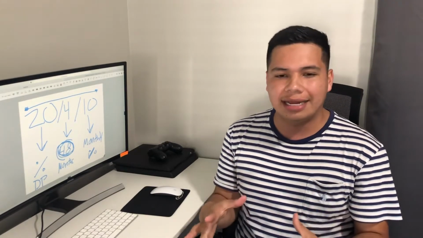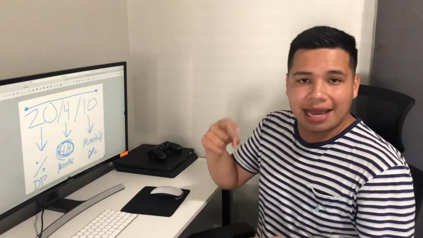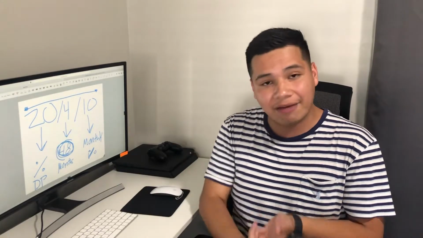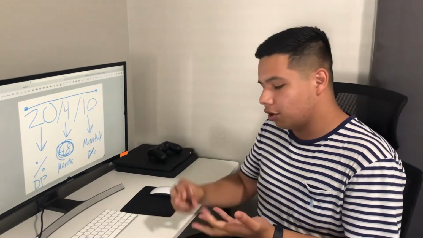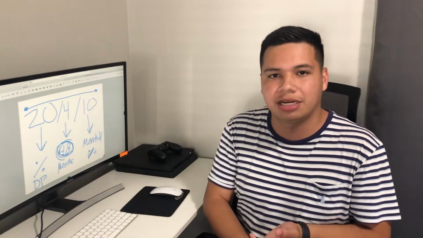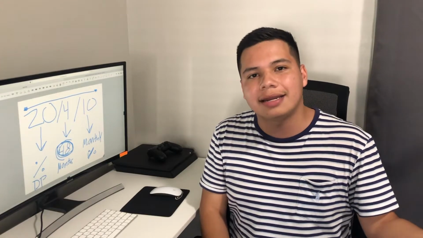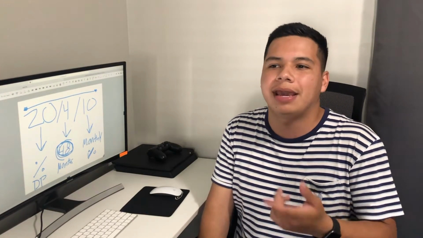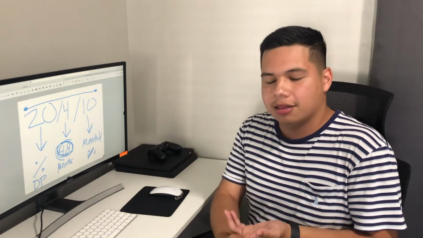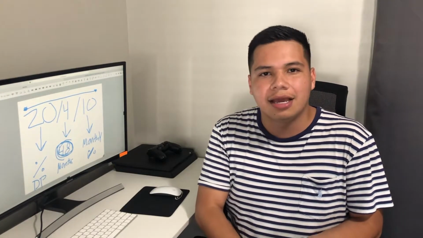Now, I do understand in some situations you might not have the 20% down. You might have to get a longer term, or you might have to put more than 10% of your monthly income to afford a car, which is not ideal. But for some people, you kind of need a car. You can't just be paying Uber, because Uber and the other ride-sharing taxis are pretty expensive.